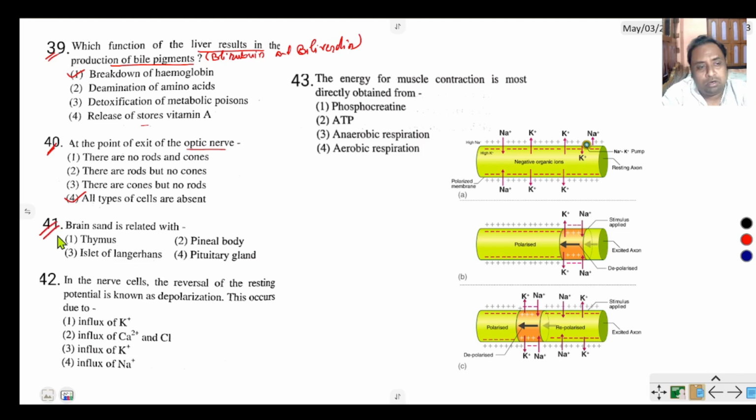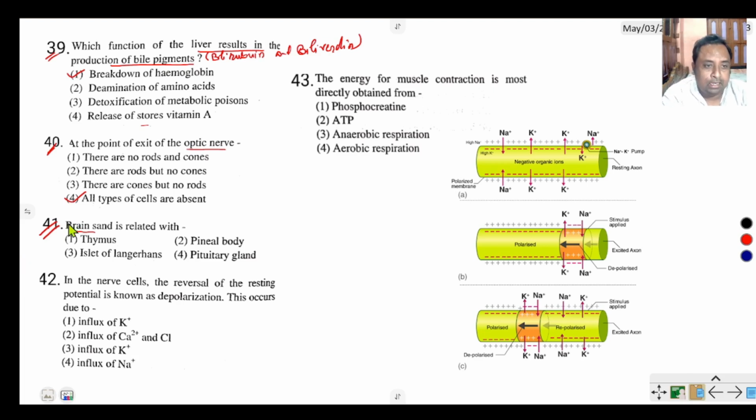41 number question, brain sand. What is brain sand? This is a typical question. Calcium carbonate and calcium phosphate.